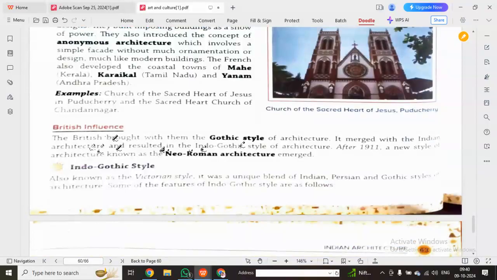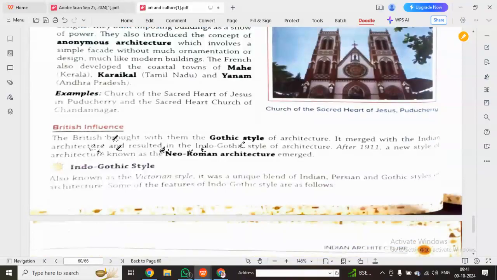The French designs were much like modern buildings. The French also developed coastal towns known as Mahe, Karaikal, Yanam, etc. British influence. The British brought with them the Gothic style.